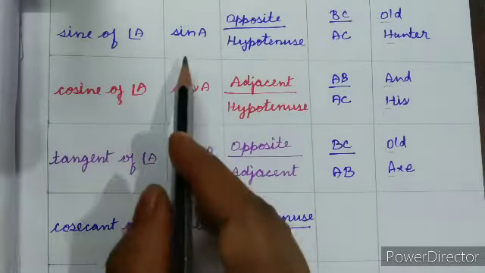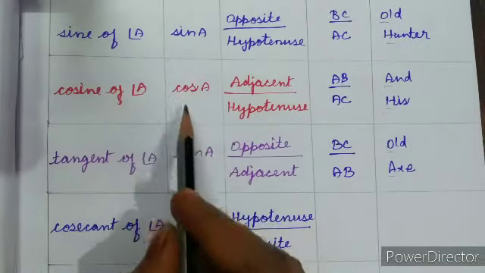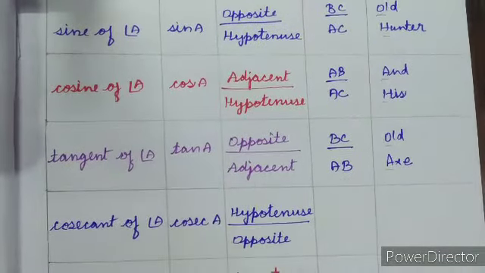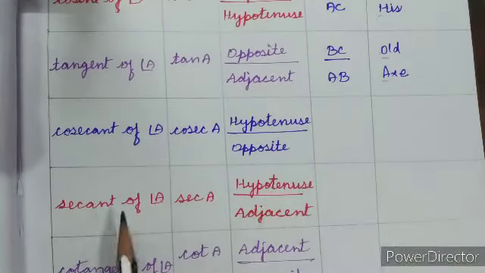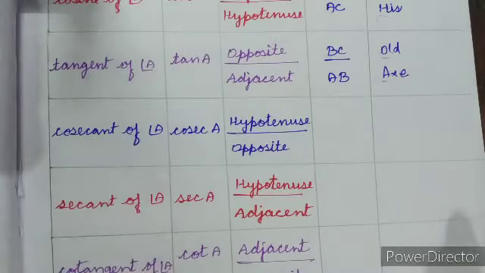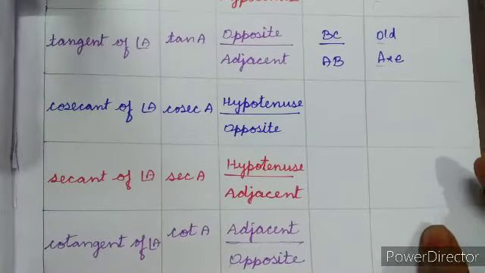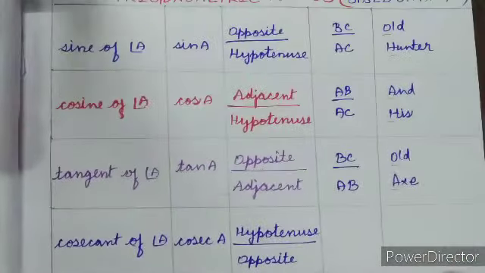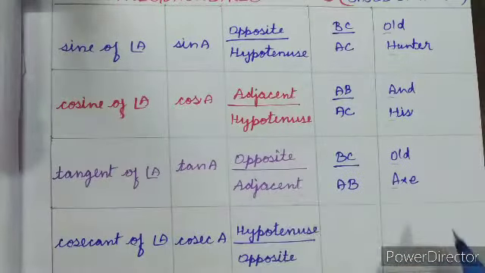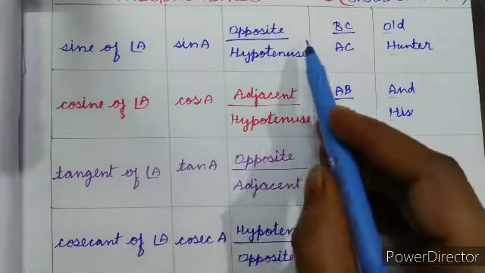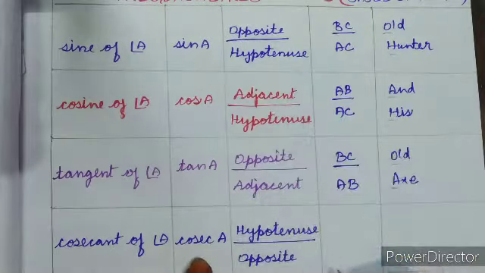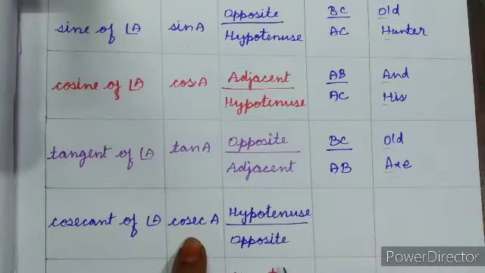When you know the values for sin, cos and tan, then you can easily get the values for the remaining three, that is cosecant, secant and cotangent. If you refer to the table, sin A is opposite by hypotenuse, whereas cosecant A is hypotenuse by opposite.